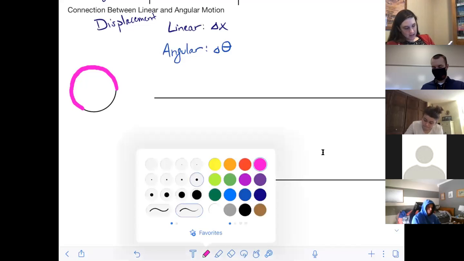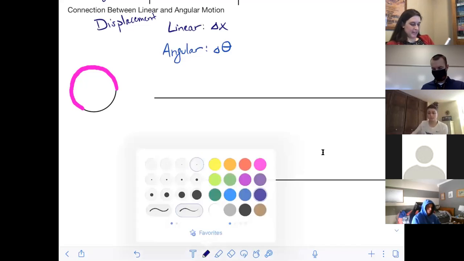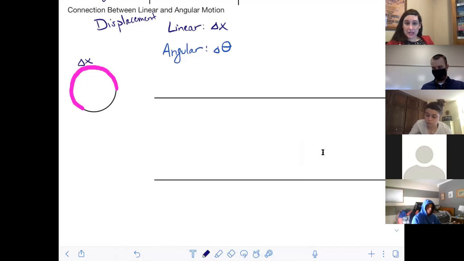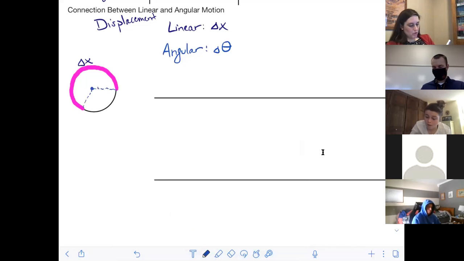That arc length is our linear displacement. And the angle that we have swept through is our angular displacement.